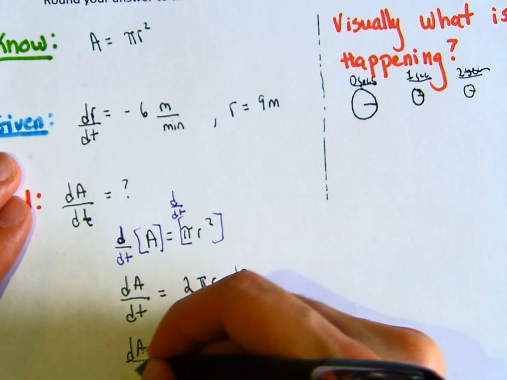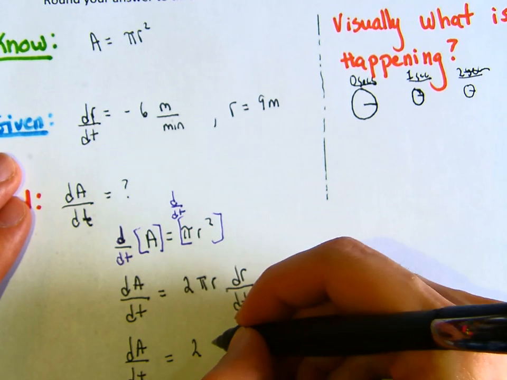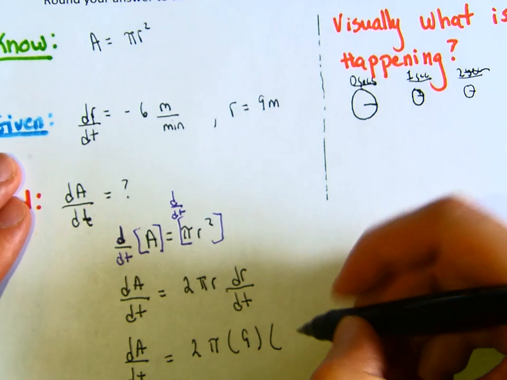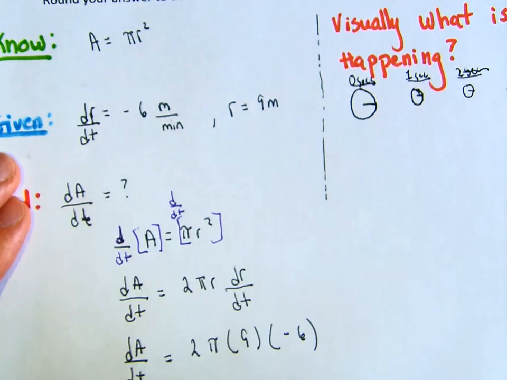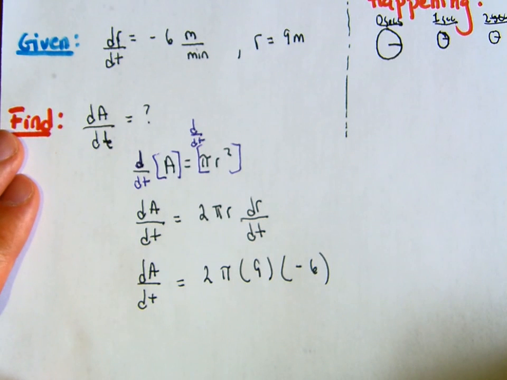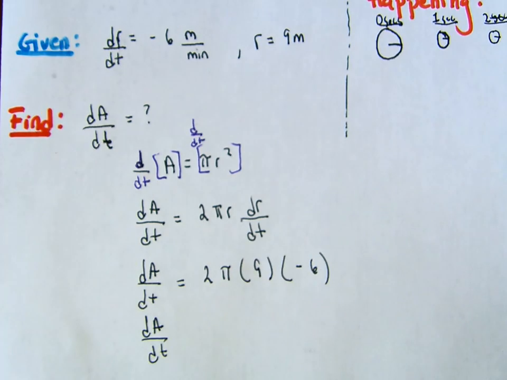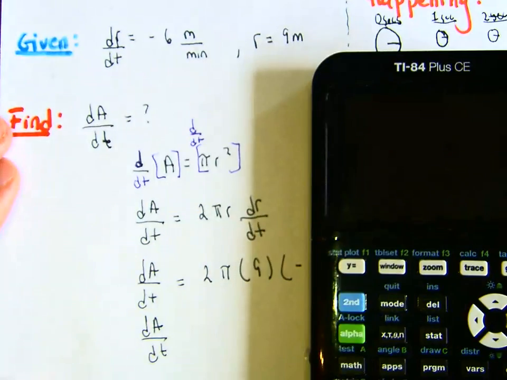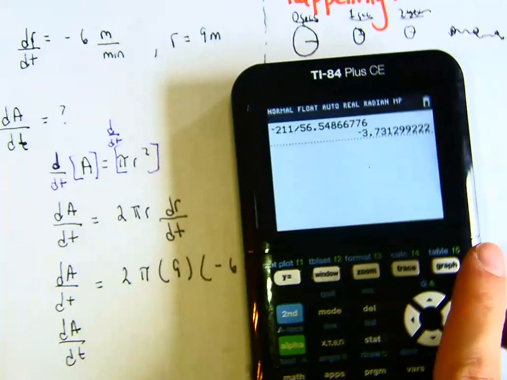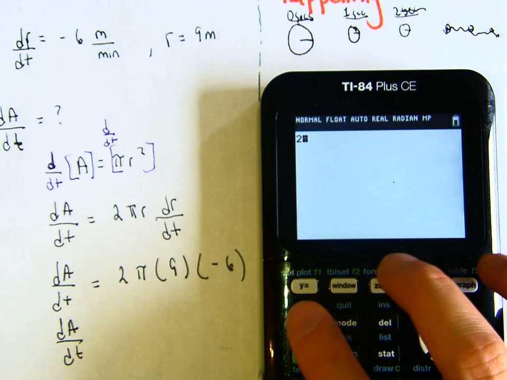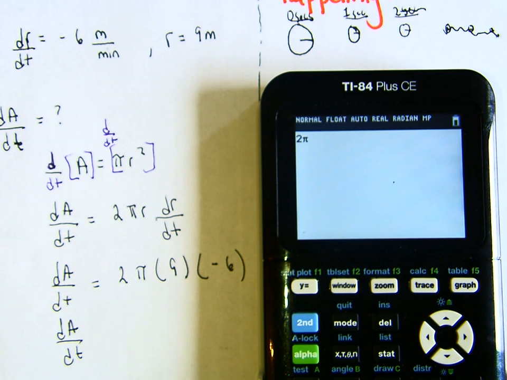So dA/dt is equal to 2 times pi times, what's the radius? 9, times negative 6. Once we multiply these numbers across, let me get my handy dandy calculator. 2 pi times 9 times negative 6.